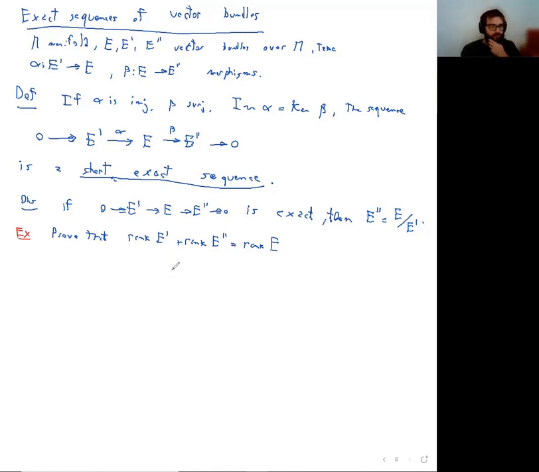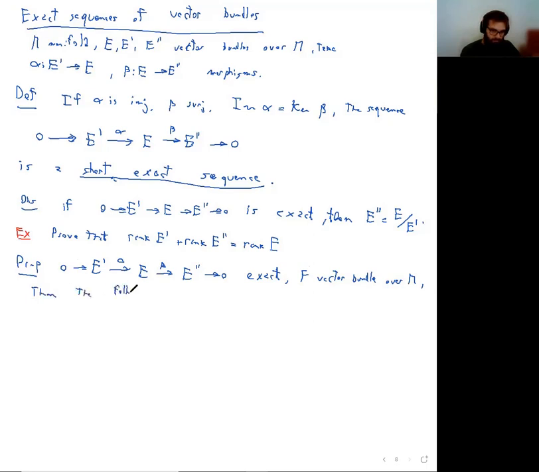Now what I want to do is produce new short exact sequences from old ones. So, proposition: we start with such a short exact sequence, and we take F, another vector bundle, again over M. Then the following are also exact.